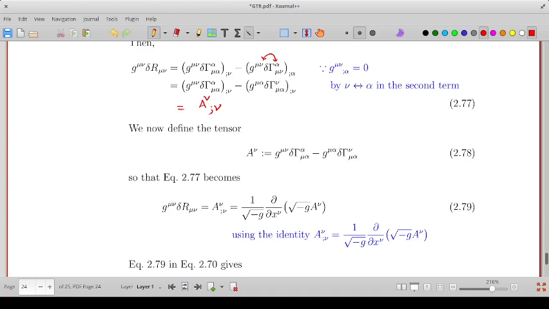So we have g mu nu delta R mu nu equal to A nu semicolon nu. But in one of our earlier classes on a review of tensor calculus, we derived an expression for quantities like this. So this would be given by 1 by square root of minus g, d by dx nu, times square root of minus g A nu.